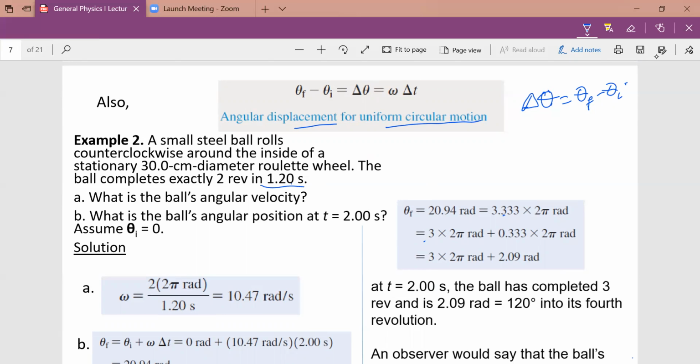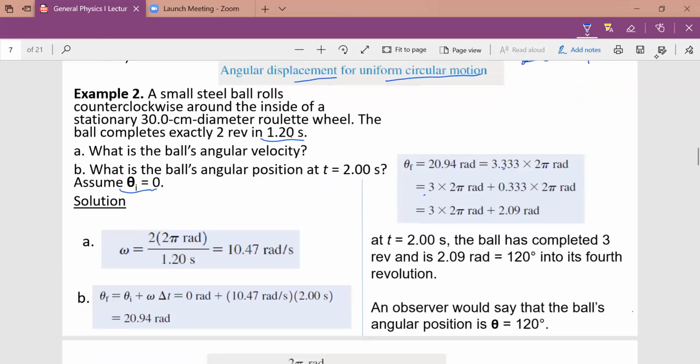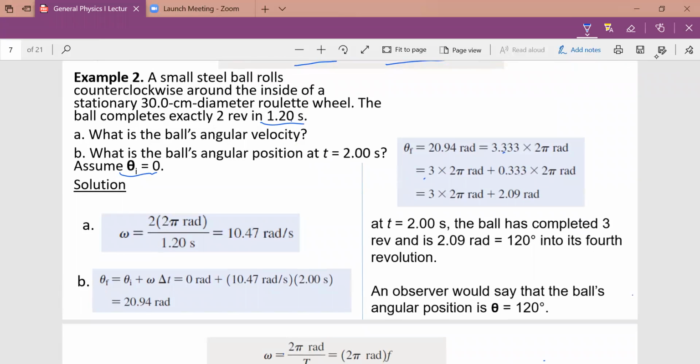A, what is the ball's angular velocity? And B, what is the ball's angular position at t equal to 2 seconds? Assume that the position is starting from 0, which is the initial position is 0.